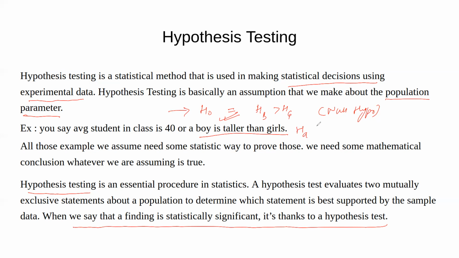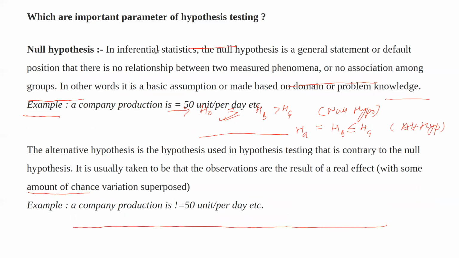H alternative could be height of boys is less than or equal to height of girls. Right? This could be the alternative hypothesis. And these kinds of statements we are going to prove or disprove using what is called hypothesis testing.